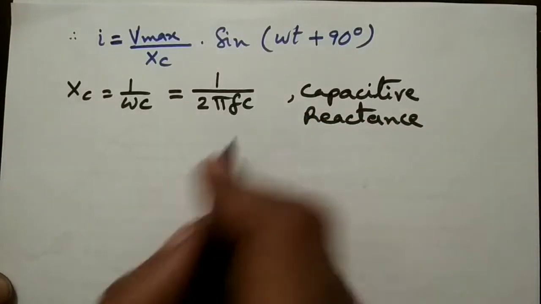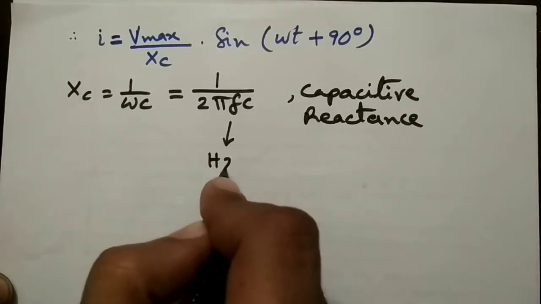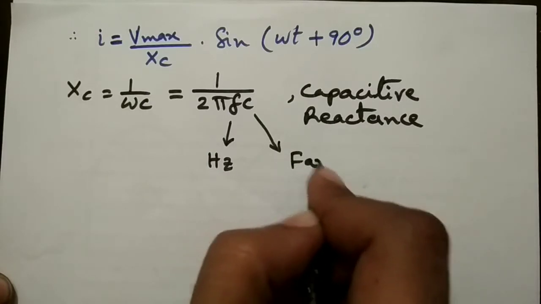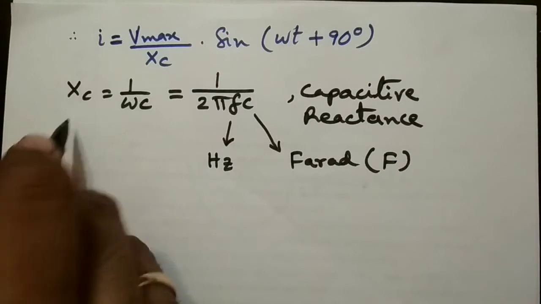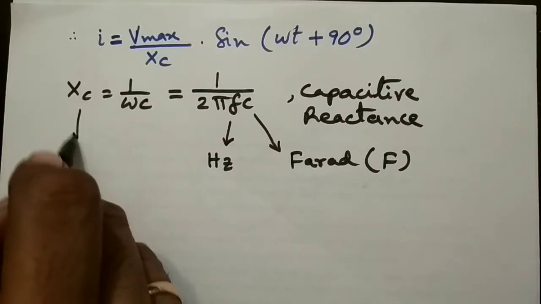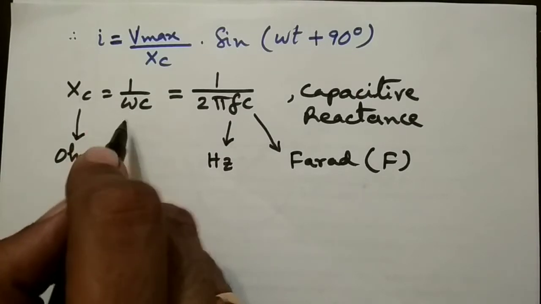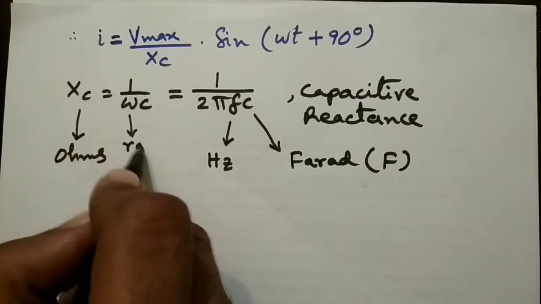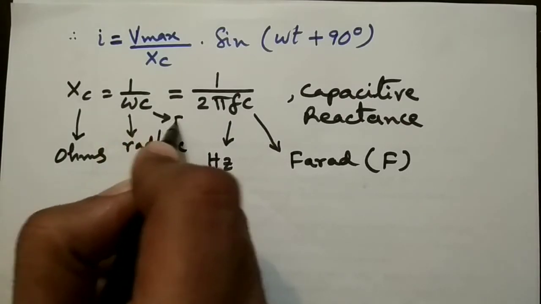Now here, if the frequency is in Hertz and C is in Farad, then the value of Xc will be in ohms. Similarly, omega is in radian per second and C in farad.